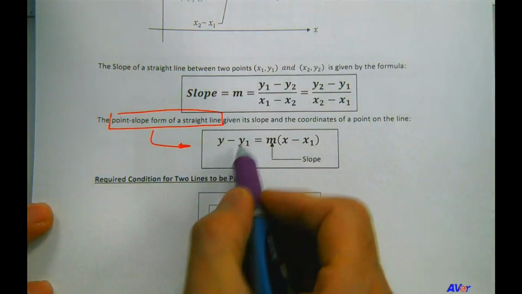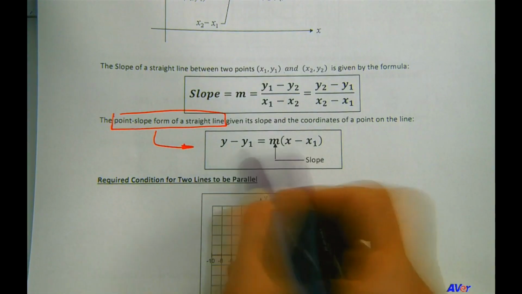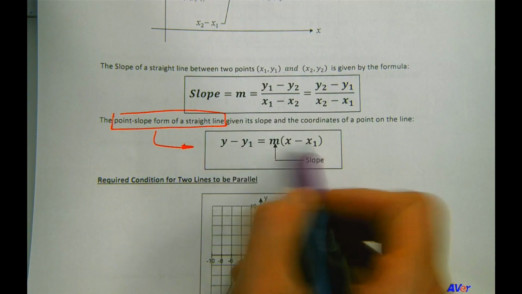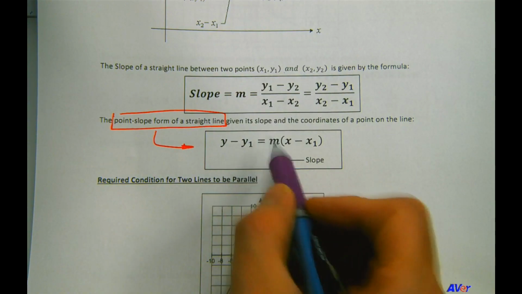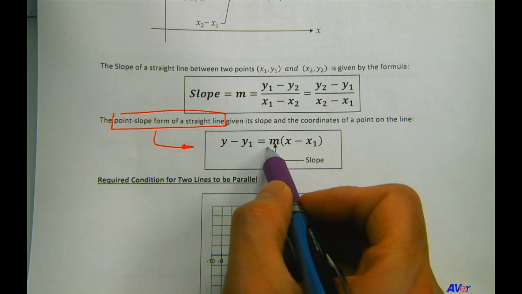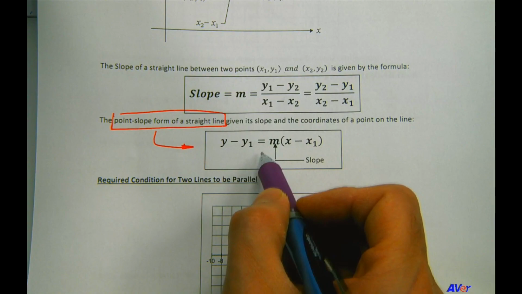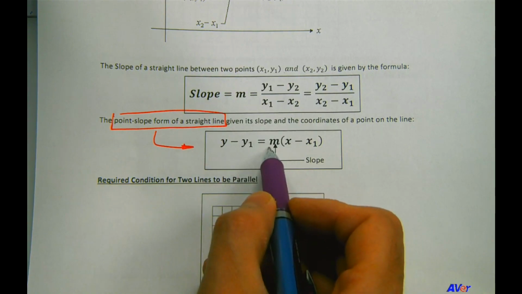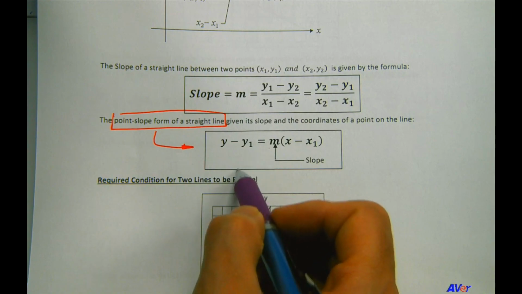So one way to represent the equation of a straight line is using this formula, such that x1, y1 are the components of any point on the line, and m is the slope. The lowercase m is the letter used most commonly in textbooks to represent slope. But it could be any letter, but that's what it is mostly used for.